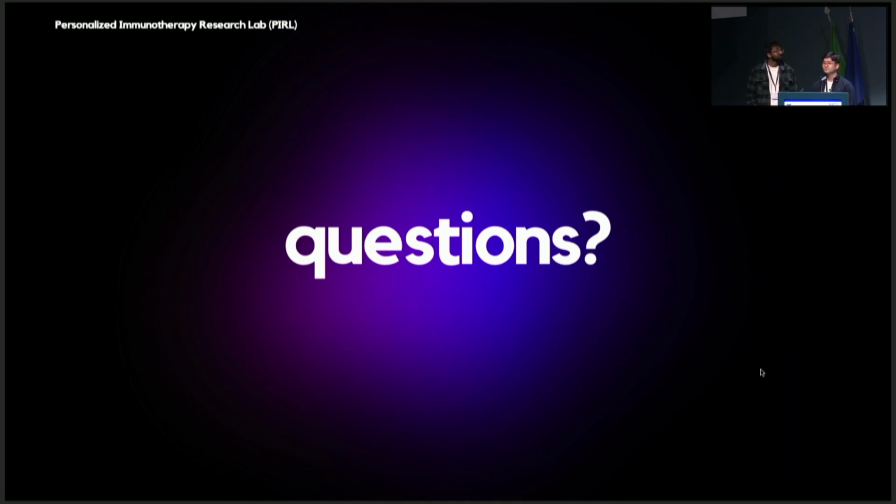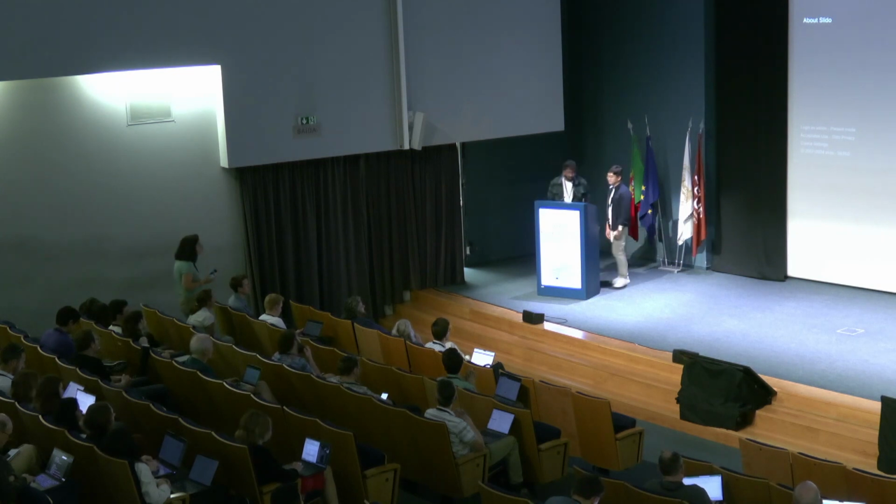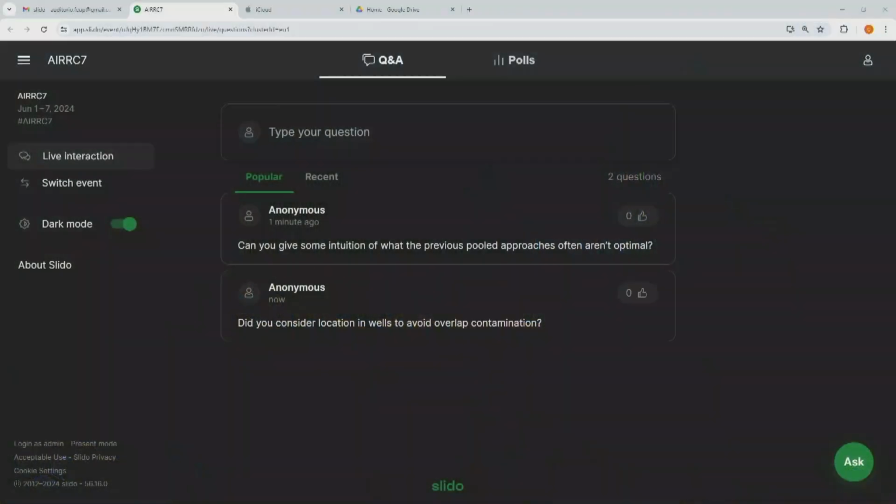All right, so we have a question. Can you give some intuition of why the previous pooled approaches often aren't optimal? That's a great question. So the previous approaches, especially the more recent ones, do a great job of coming up with what is called a matrix design.